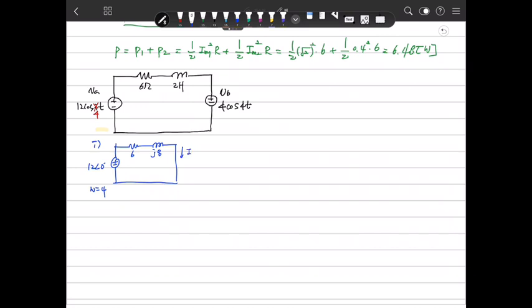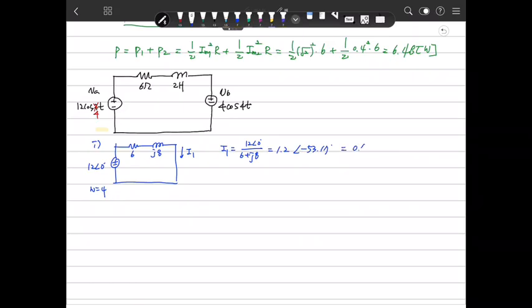Define this current as I1. So I1 is 12∠0 divided by 6 + j8, which will be 1.2∠-53.13 degrees.